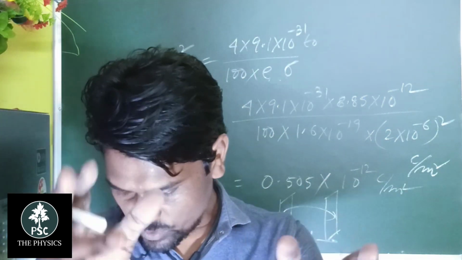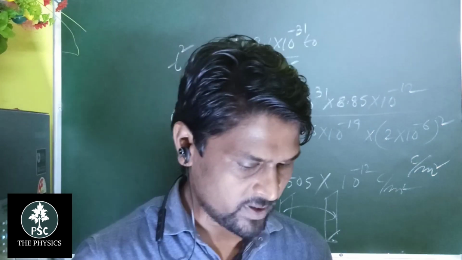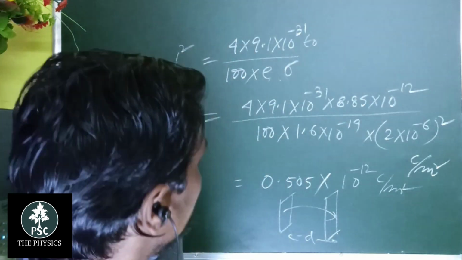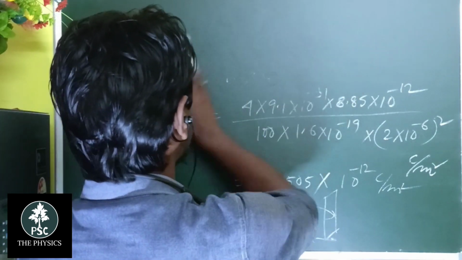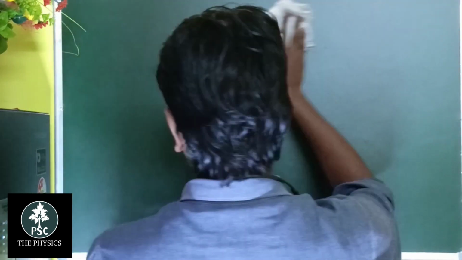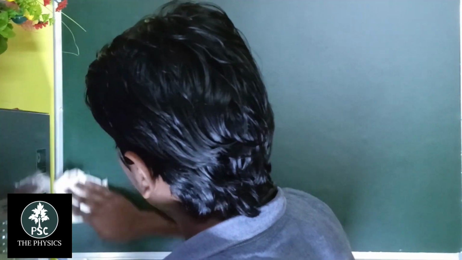Okay, so we must go for the next one, that is 22. Question number 22. Students, write down the question again and try, and always be patient with numericals. If you do one, two or three, or maybe all the numericals in a day, there is nothing but that you have to clear your concepts.